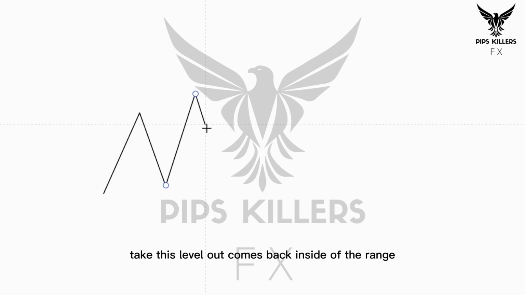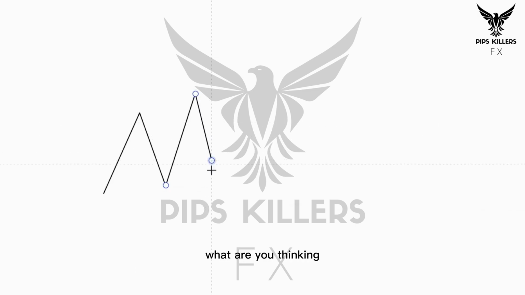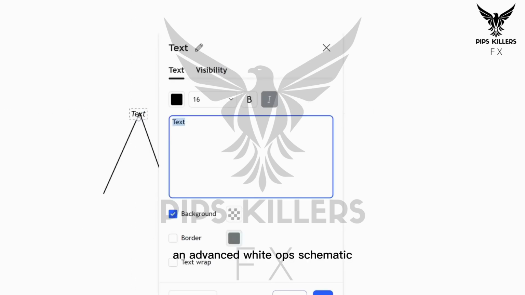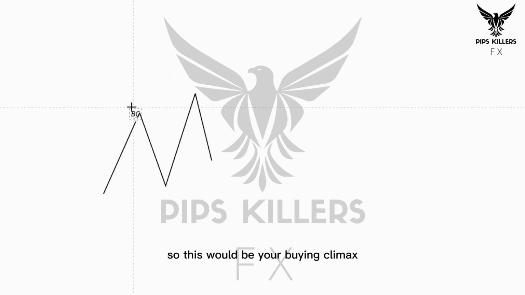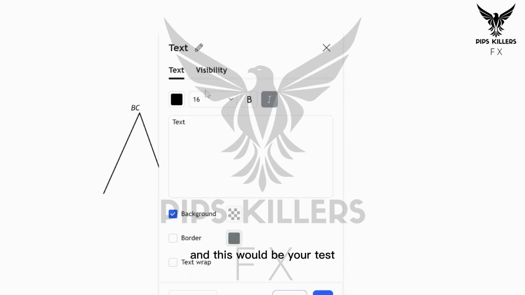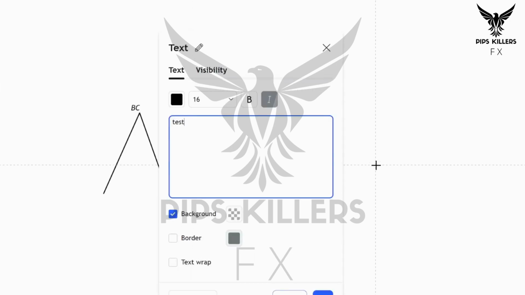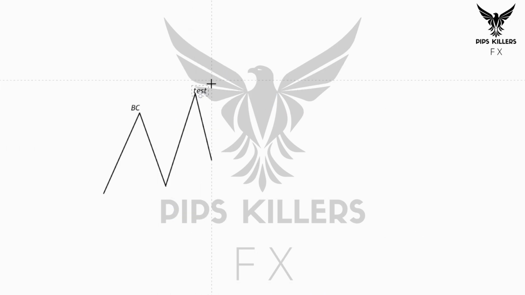Once price takes this level out and comes back inside of the range, what are you thinking? You're thinking this is an advanced Wyckoff schematic. So this would be your buying climax, and this would be your test. So this is what you think so far.